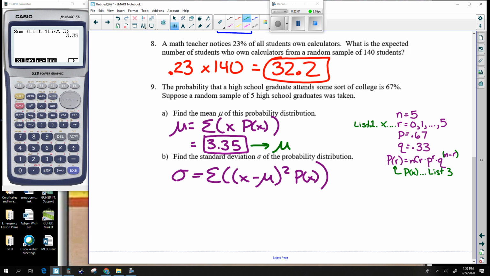This is mu, which I'm going to store as the letter u. So again, I have an X, which is list 1, have mu, which I just found, which is the letter u, and I have P of X, which is list 3.